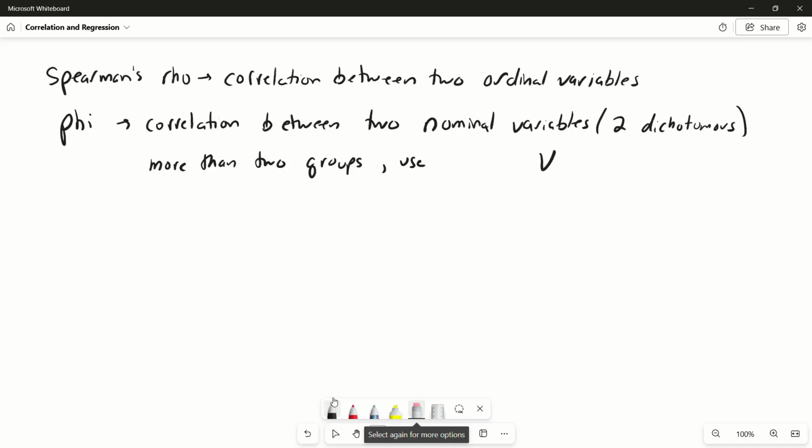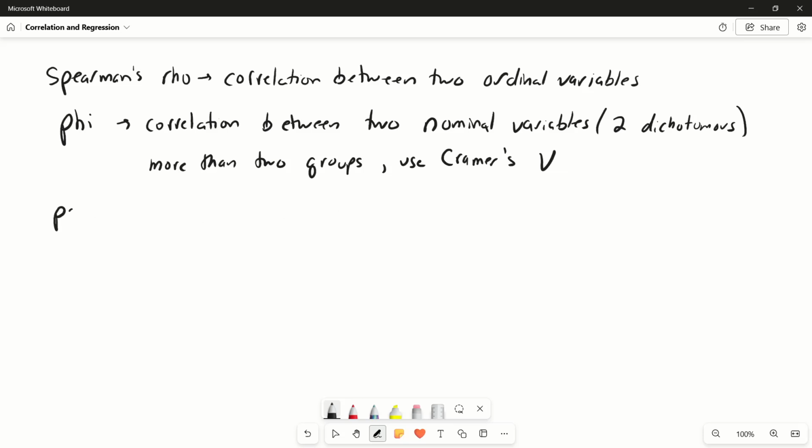You could find that under chi-square, which we're not going to really look at here because there's just too much material to get through. But if you did chi-square and you were looking at nominal variables, you could then calculate the relationship between two nominal variables that have more than two groups, and you calculate Cramer's V for that.